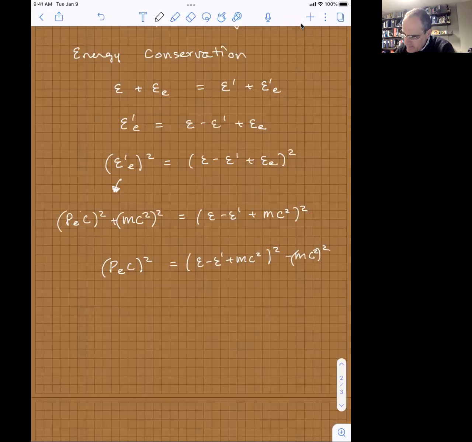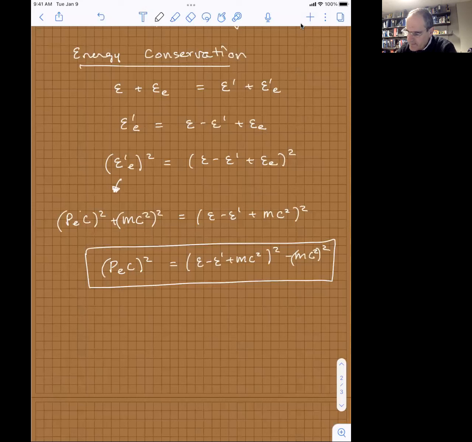So this is equation 1, and it's just energy conservation, only I've rewritten it in a particular way. I've written it in terms of the momentum of the scattered electron.